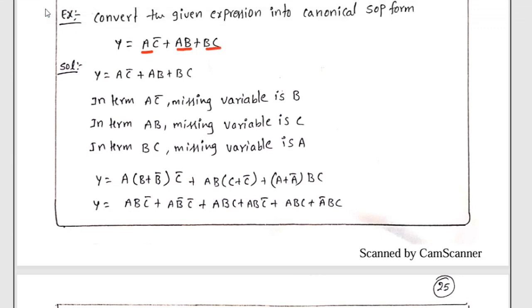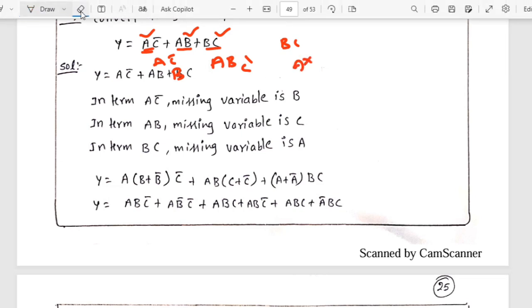This expression contains three variables, A, B, C, but AC bar is given and B is missing, AB is given but C is missing, and BC is given but A is missing. So it is not in the standard or canonical form.